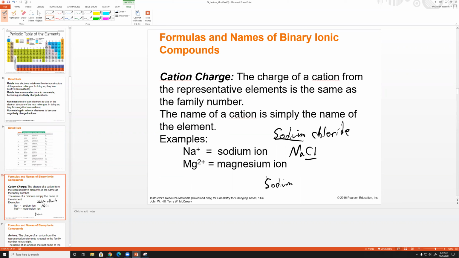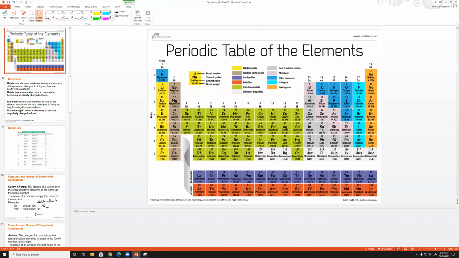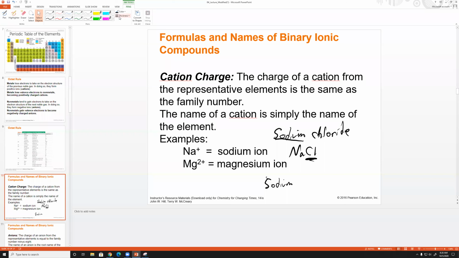Now Cl, if you look at the periodic table, is not chloride, it's chlorine, right? Like chlorine in the pool. So why do you write chloride? And really the answer is because that's what they said to do. There really is no answer for that, it's because that's the rule.